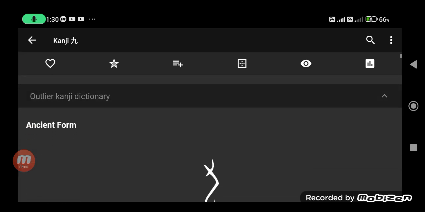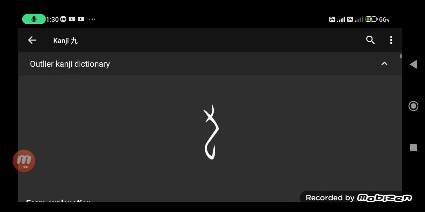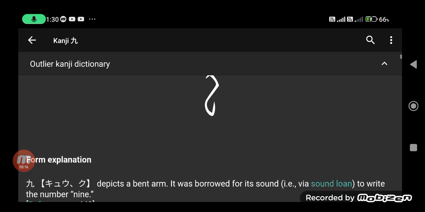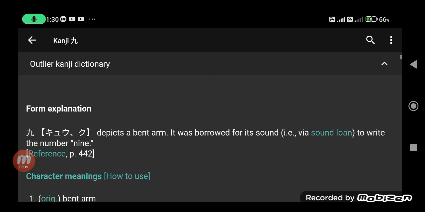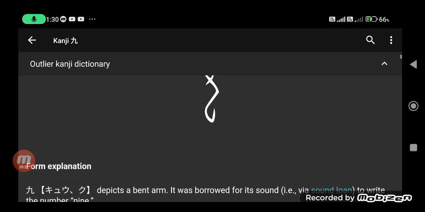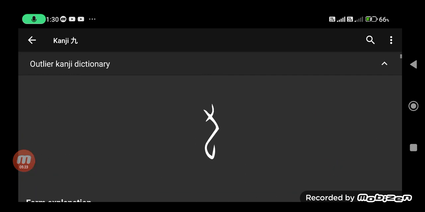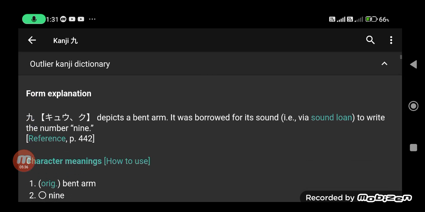We all know that kanji characters originate from China in their old dynasty writings. So form explanation. Please remember this picture. This is the origin of the kanji character for 9, Q or kokono, kokonotsu.